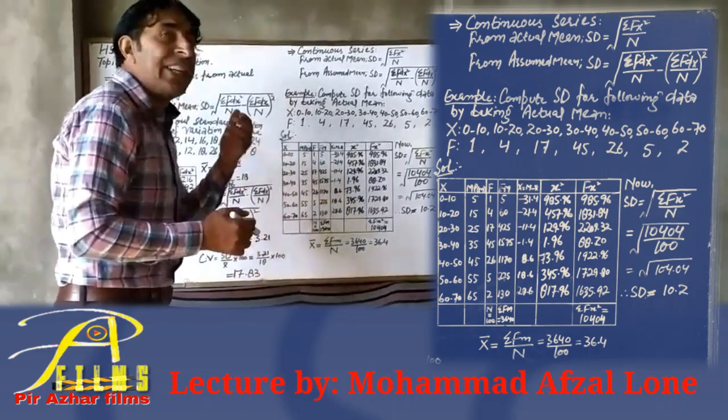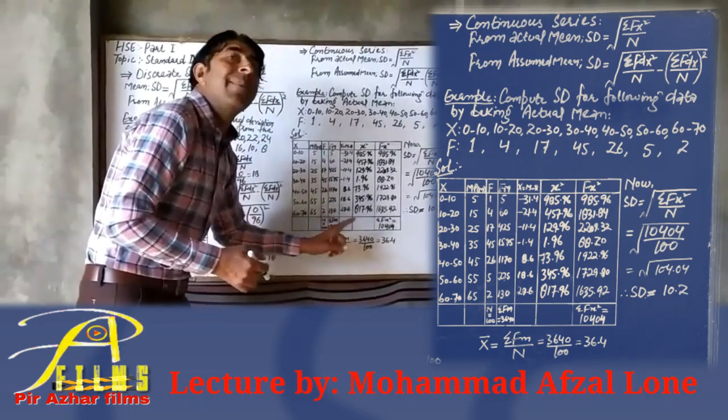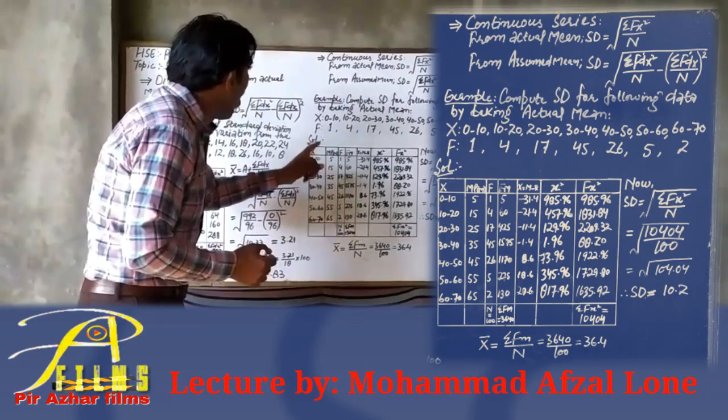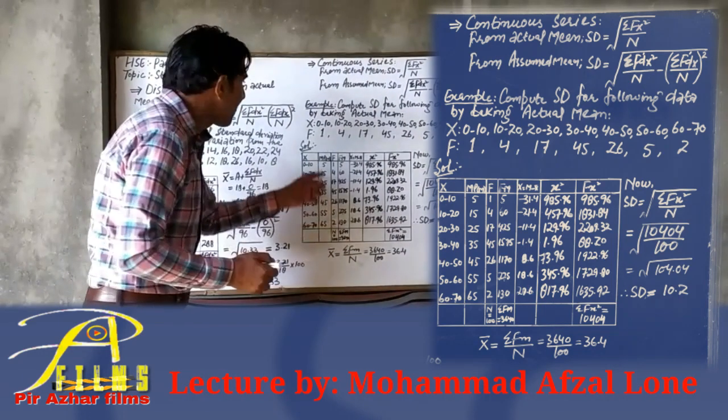Let us calculate the deviations. We have to subtract this 36.4, the actual mean, from all the midpoint values.